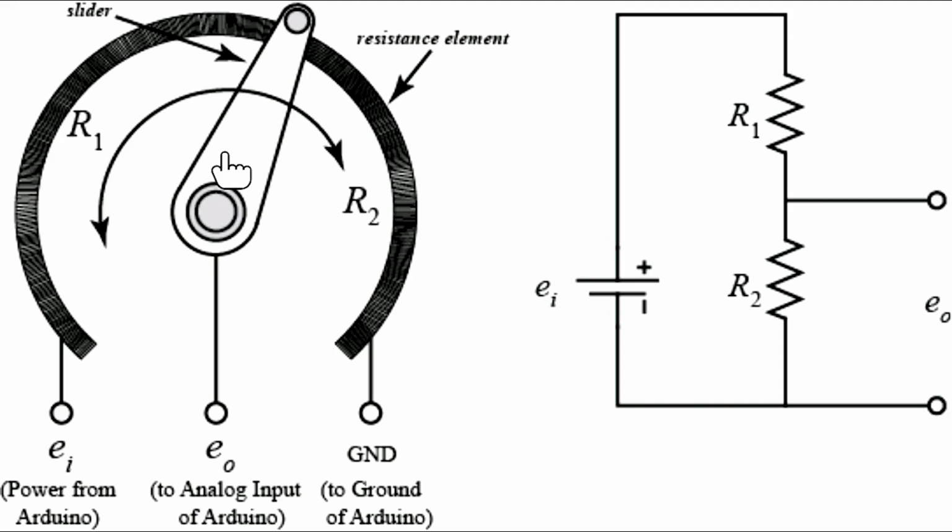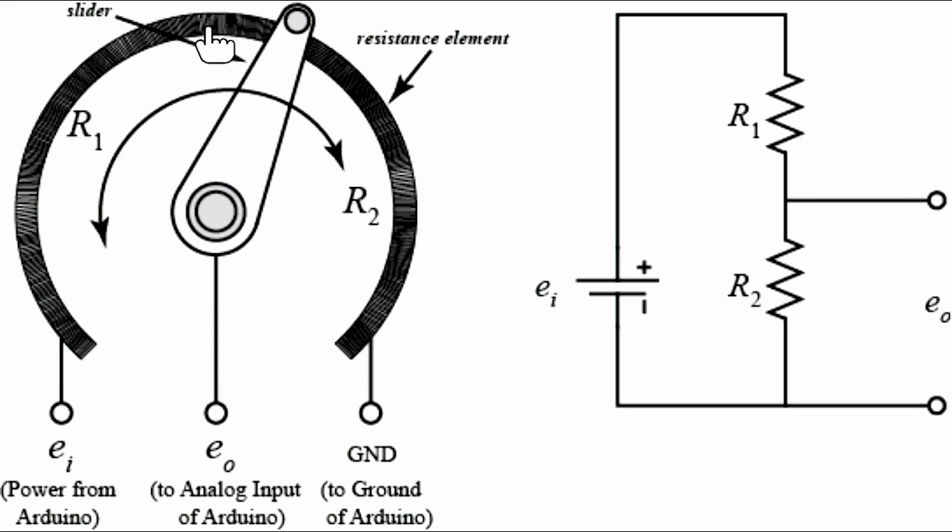As we move this slider from here to here, the output voltage will keep on decreasing as R1 increases. As the slider moves away from this initial position, the output voltage will keep on decreasing. So in the center, it will be exactly half.